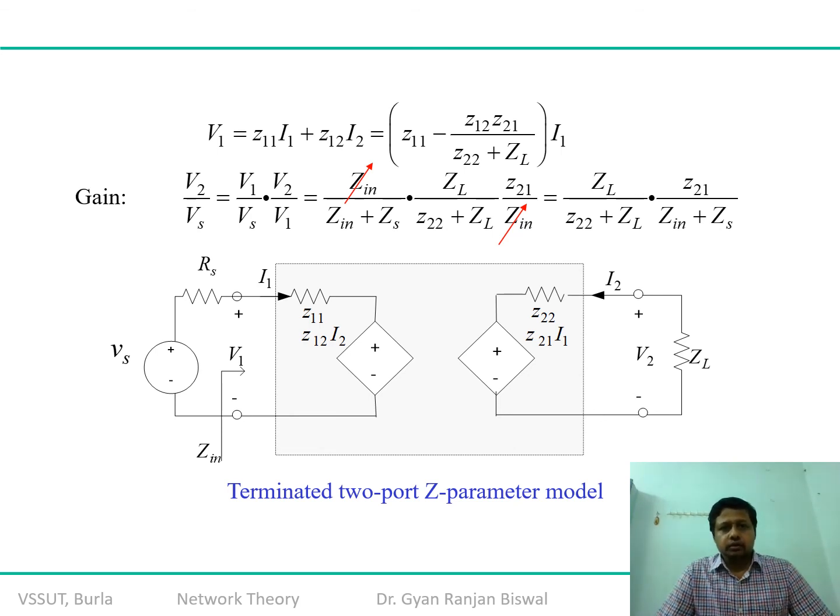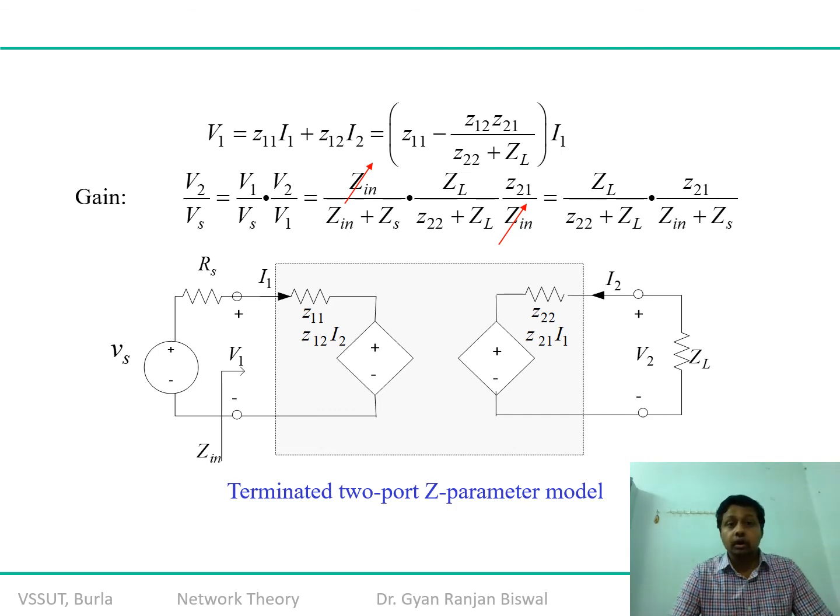You know that your standard equation is V1 is equal to Z11 I1 plus Z12 I2, and you can replace this whole equation in terms of your input impedance, as we calculated in the previous slide, multiplied by I1. Both should remain the same, where the gain is V2 by Vs. Vs is the source voltage, and remember the source voltage is not equal to the terminal voltage V1. V1 is the terminal voltage, and across Vs you are also considering the series impedance or resistance.